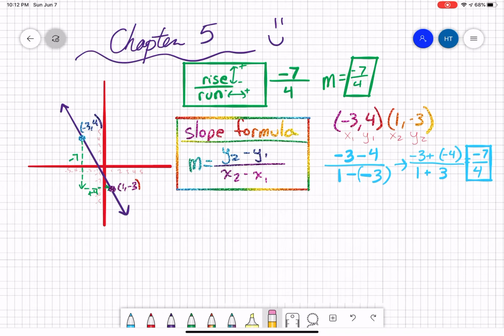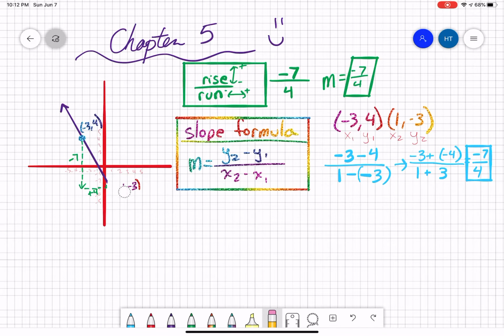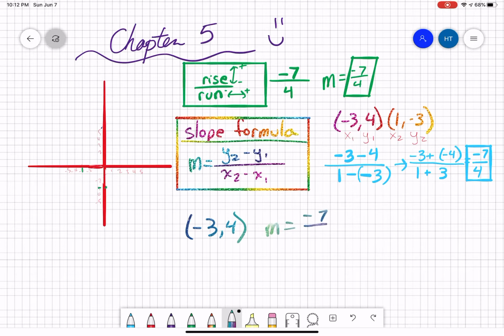Now, there's one other way that we might ask you to calculate something. So I'm just going to quickly erase this here. So let's say we have a point -3, 4, and a slope of -7 over 4, and it's telling us to graph it.